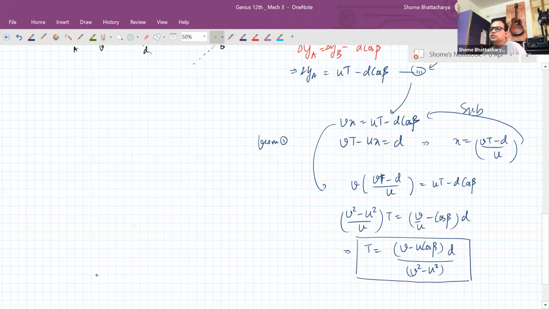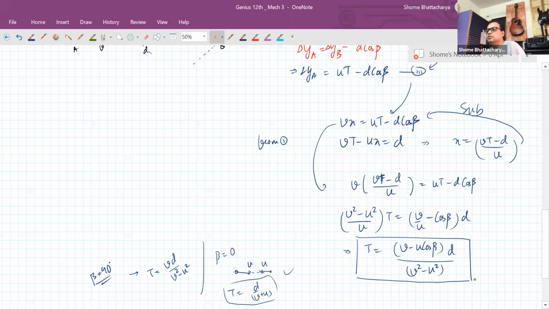And you can see in this, if beta was 90 degrees, there's that problem from Irodov that we've done earlier probably, that the time becomes this much. Whereas if beta is equal to 0, then it is a case where they are both approaching each other. Okay, so in that case, the time becomes d upon v plus u. It's a 1D motion. So this equation nicely fits in both these.